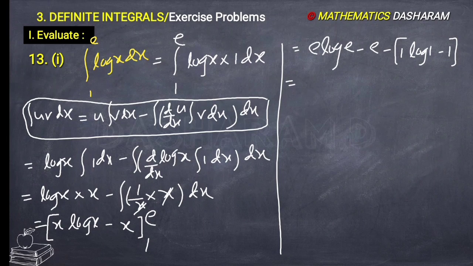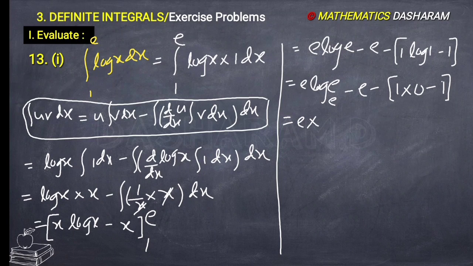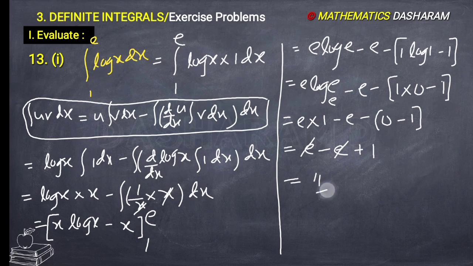So it is equal to e into, actually here the base of the logarithm is e, so log e is 1, minus e, minus 1 into log 1 which is 0, minus 1. So e minus e, minus of minus plus 1, yes, both cancel, leaving 1. So this is our required answer.